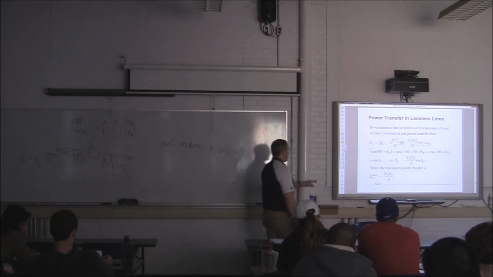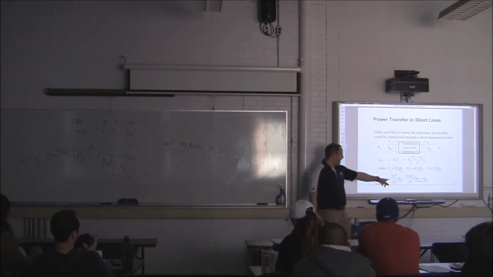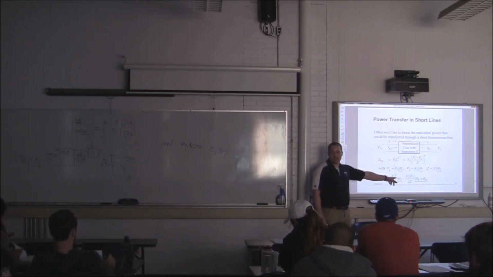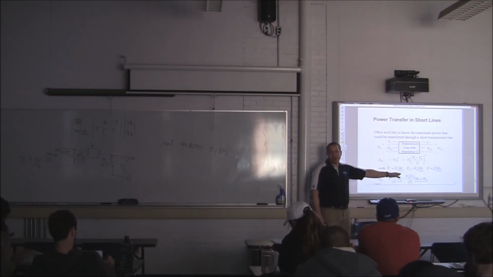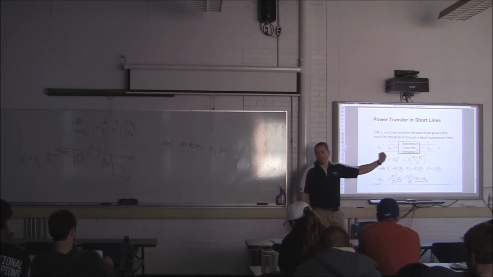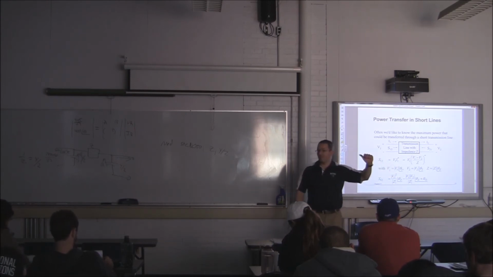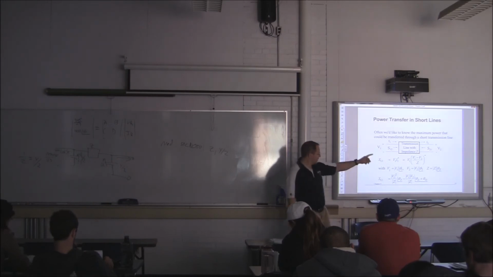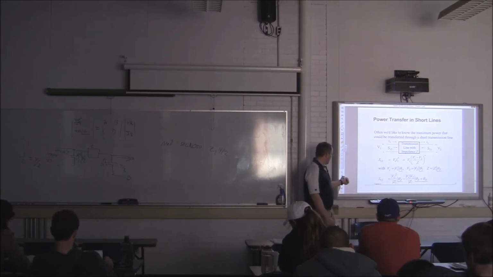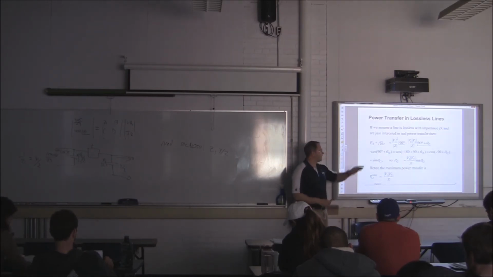What that means is Z here, if it's purely inductive, what's the inverse tangent of X divided by R when R is 0? It's the inverse tangent of infinity, which is 90 degrees, right? So theta Z becomes 90 degrees.